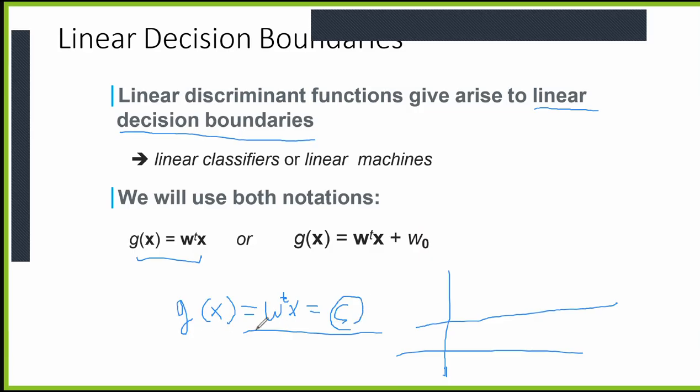When we set this linear discriminant function to some constant, that translates into a line in the 2D space, and in higher dimensional space, a hyperplane.